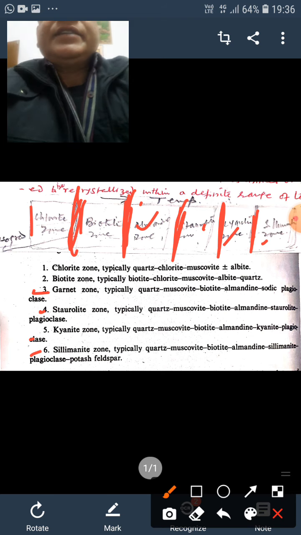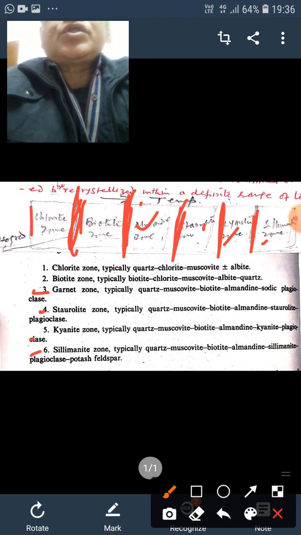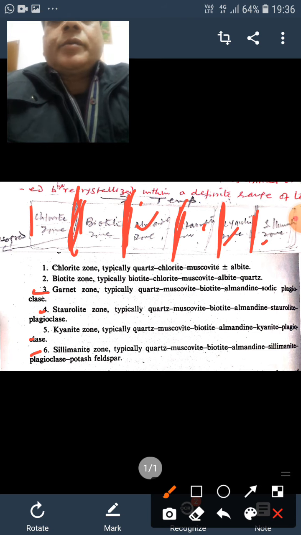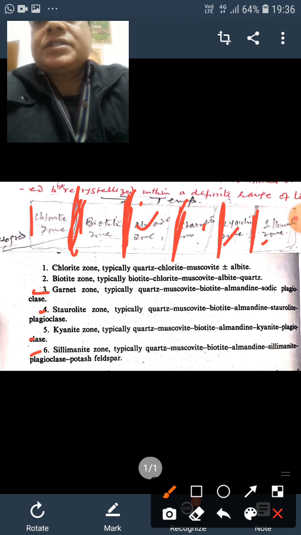So this is very simple: with progressive metamorphism, according to Barrow, the zones of increasing metamorphic grade are characterized by the entry of certain index minerals, and these are chlorite, biotite, garnet, staurolite, kyanite, sillimanite. Right, so these are the Barrovian zones. The first chlorite zone, biotite zone, garnet, staurolite, kyanite, sillimanite with increasing temperature, or with progressive metamorphism.